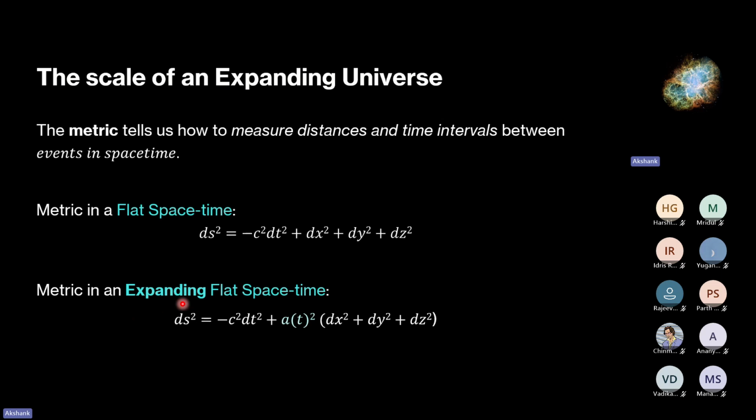In an expanding space-time, only the space is expanding, first of all. Time, we leave it alone. So the space dimensions x, y, and z are all expanded by a. It's just a parameter which signifies how much the universe has expanded or is expanding.